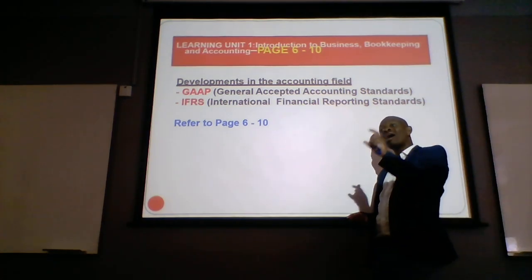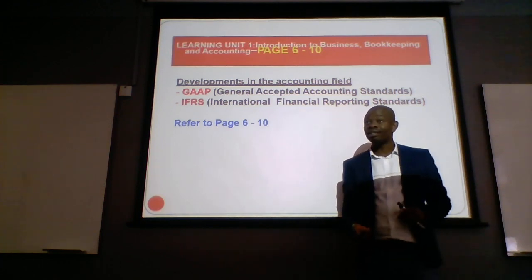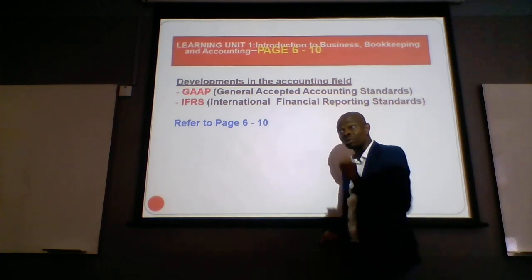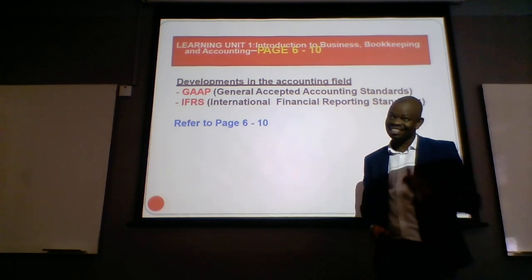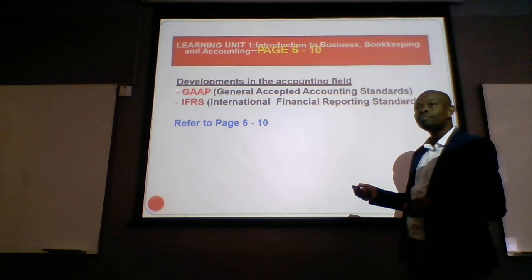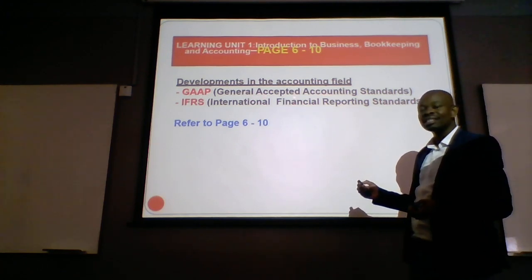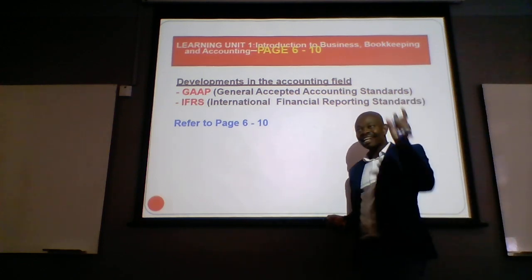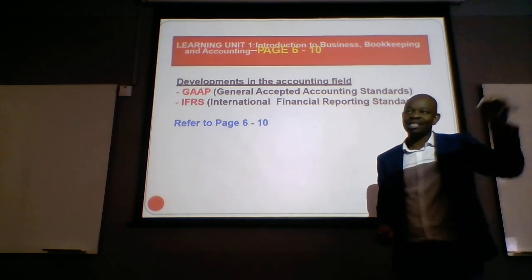And now accounting is uniform. I can go to the UK and lecture them accounting like what I'm doing now. Why? Because we're following the same standards. That's why this came up with what we call GAAP, Generally Accepted Accounting Principles. These were the local standards of particular countries. For example, in South Africa, we've got our own GAAP.